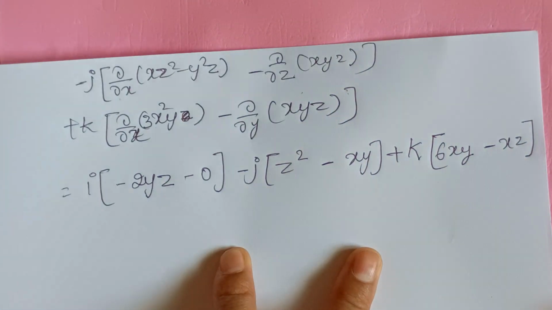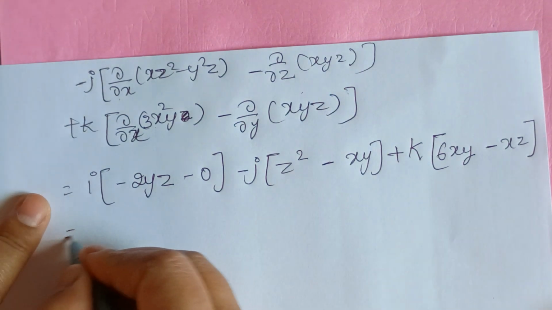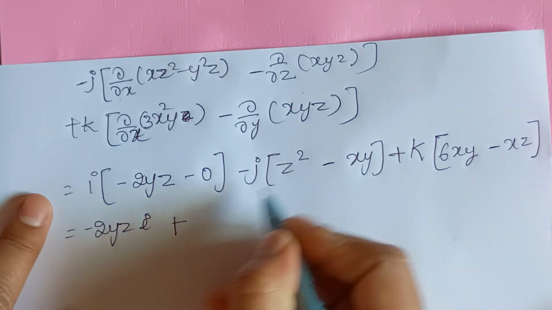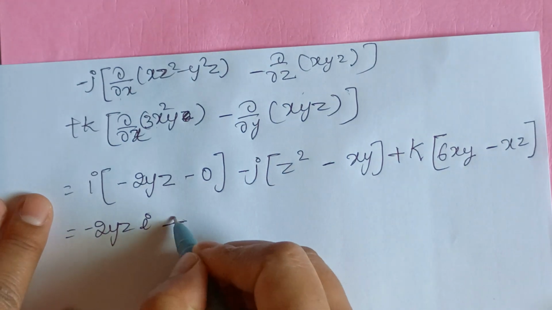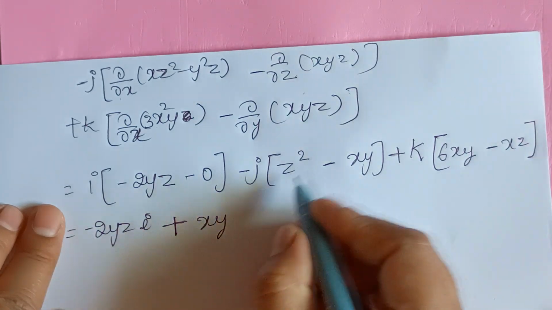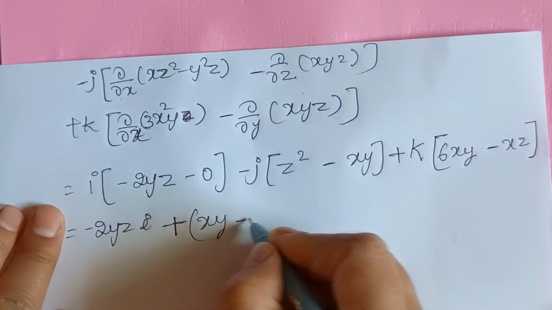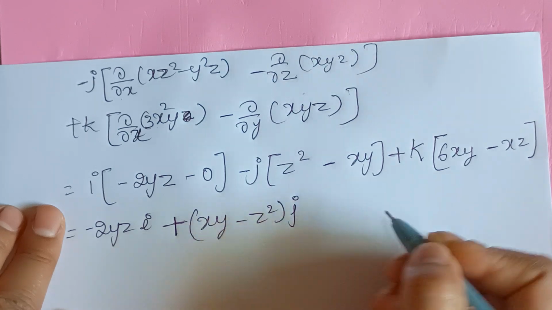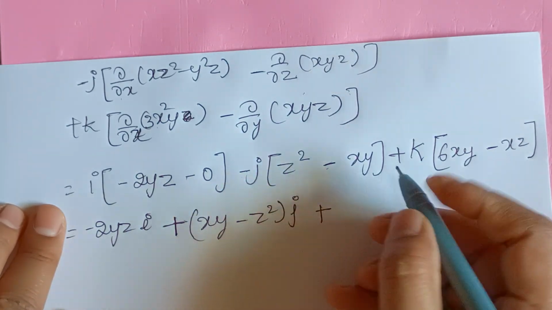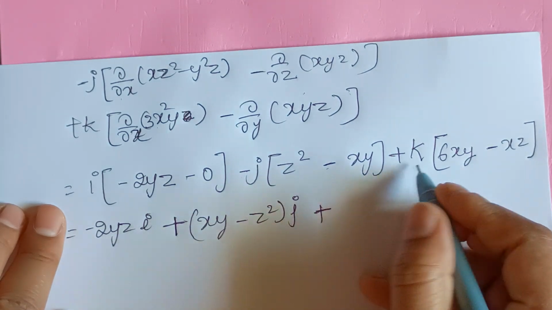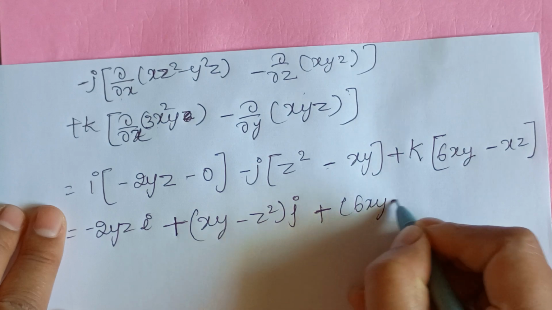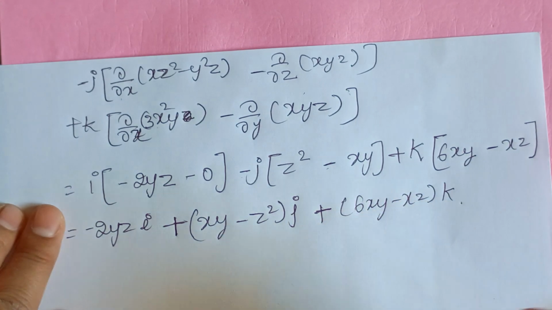Now further simplifying this, we get minus 2yz i plus xy, minus z² j, correct? I'm just multiplying the minus inside, plus this is going to be (6xy minus xz) k.